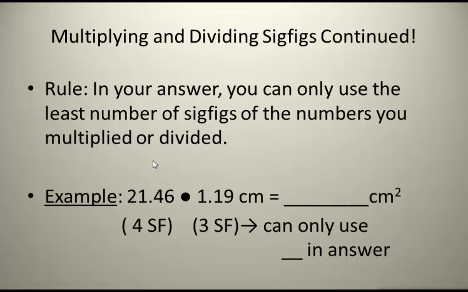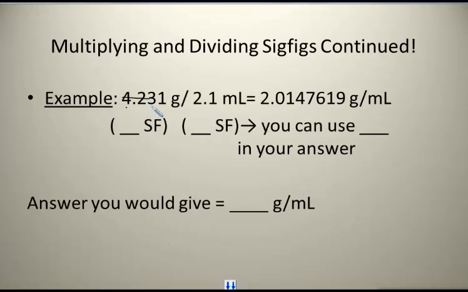What about dividing? Well, dividing is the same exact rule. So I look at a number like this, which has 4 significant figures in it. And I look at a number like this, which has 2 significant figures in it. I put it in my calculator and I get this long drawn-out answer. And the calculator is right. If it was just numbers, that would be the correct answer.